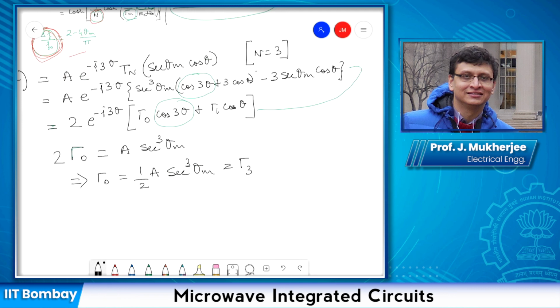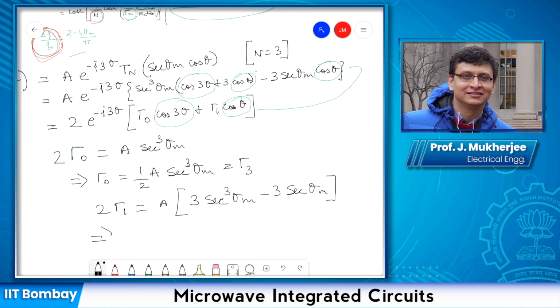Similarly, comparing the coefficients of cos theta, this one and this one, we see that 2 gamma 1 is equal to a times 3 sec cube theta m minus 3 sec theta m.